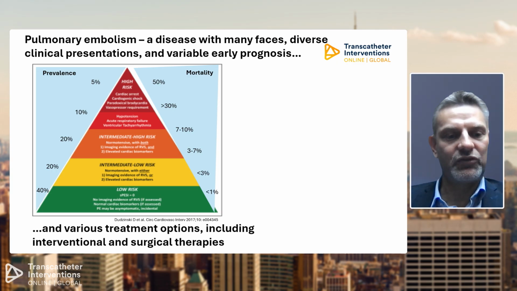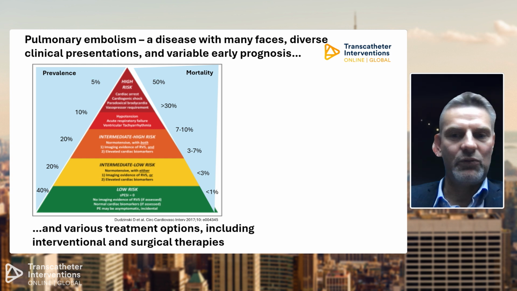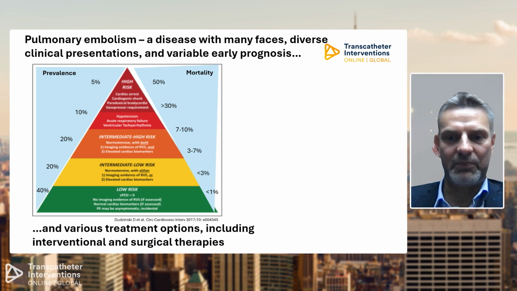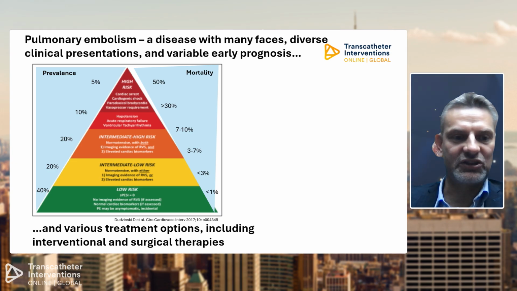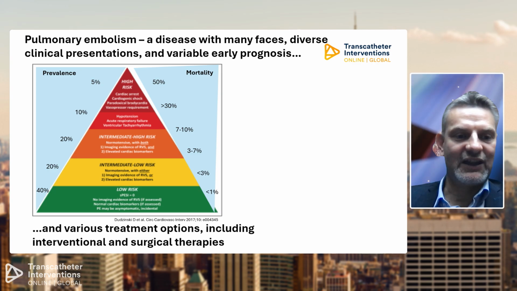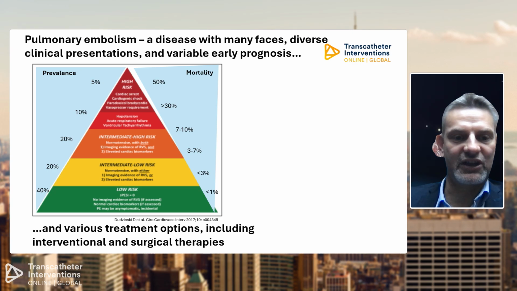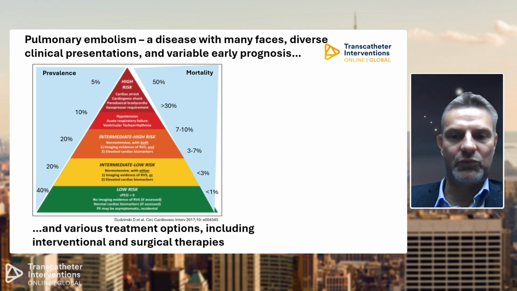According to ESC guidelines, we have high risk and non-high risk pulmonary embolism. The non-high risk group includes patients with low risk. These are patients with no right ventricular strain and no positive cardiac biomarkers, and the mortality is quite low.